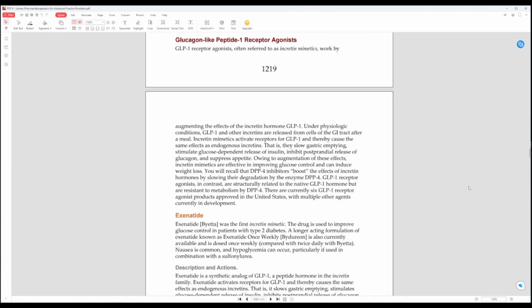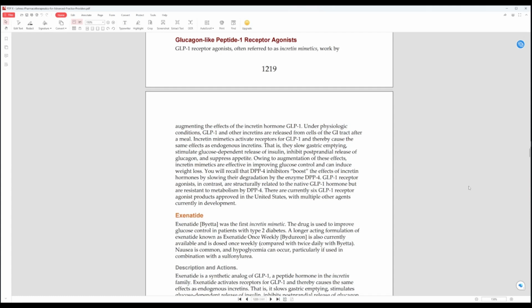Your GLP-1 receptor agonists, often referred to as incretin mimetics, work by augmenting the effects of the incretin hormone GLP-1. Under physiological conditions, GLP-1 and other incretins are released from cells of the GI tract after a meal. Incretin mimetics activate receptors for GLP-1 and thereby cause the same effects as endogenous incretins.